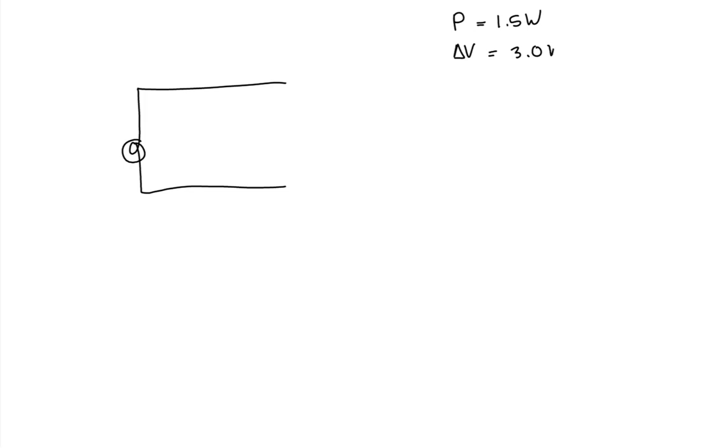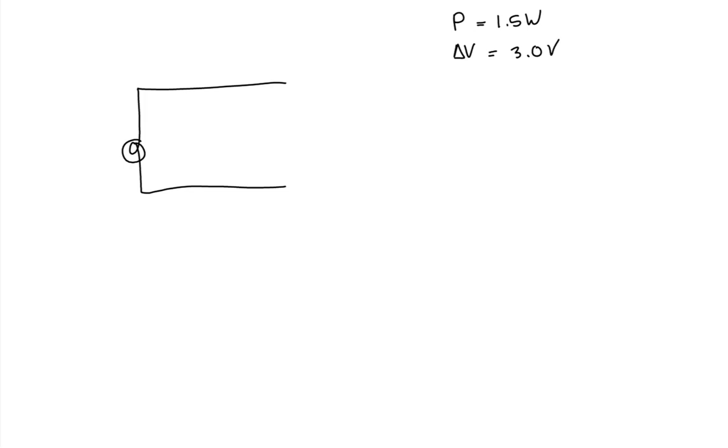So let's sketch this scenario. We have a circuit. This circuit has a light bulb in it. This light bulb is rated to be 1.5 watts when a potential difference across its ends is equal to 3.0 volts.